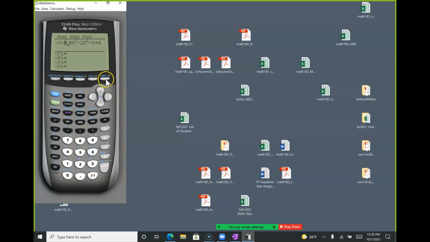And most of the graphs that I'm giving you should work on Zoom Standard. I think I typed something wrong. Instead of plus 2 squared, you put minus 2 squared. Thank you. Good catch.